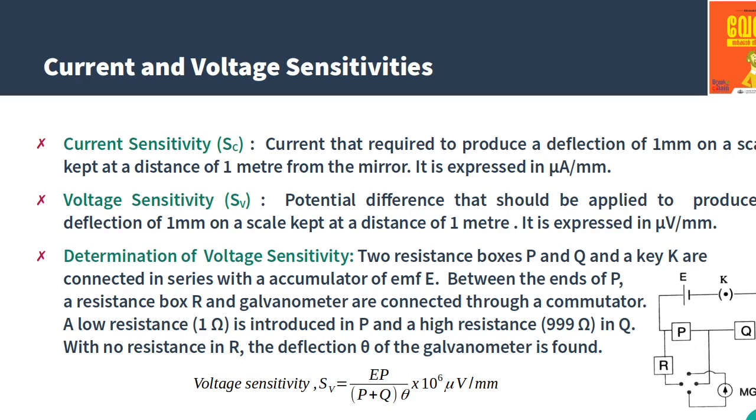So how will we determine this? The arrangement for determination of voltage sensitivity and current sensitivity is shown here. It is the same arrangement you learned in the previous chapter when we looked at the conversion of a galvanometer into an ammeter or voltmeter.